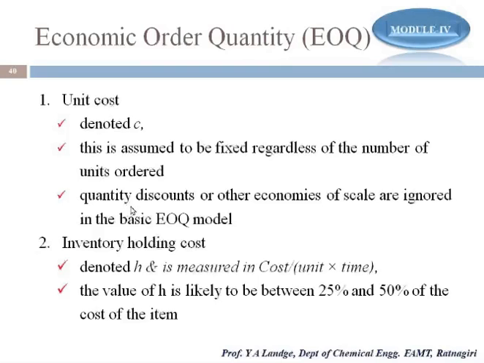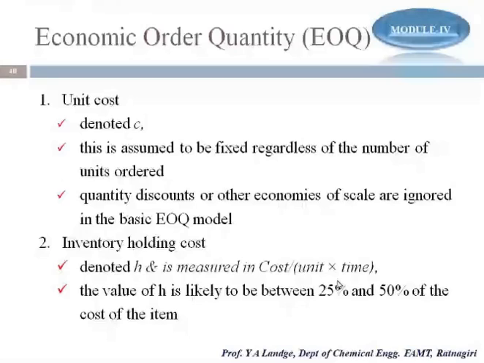Okay. Second is inventory holding cost. The goods we need to store in the warehouse, and for that we need to spend a certain amount on taking care of that item. So the inventory holding cost is measured in terms of the cost per unit per unit time, meaning how much time you are holding, how many units there are, and what the cost of it is.